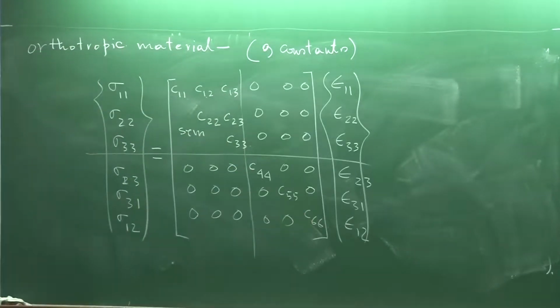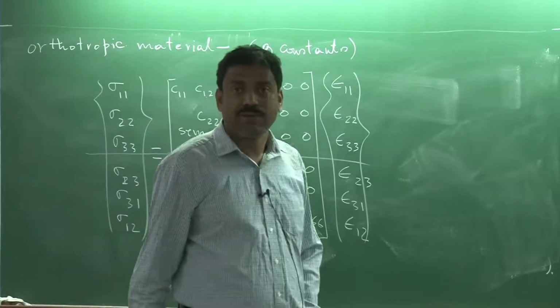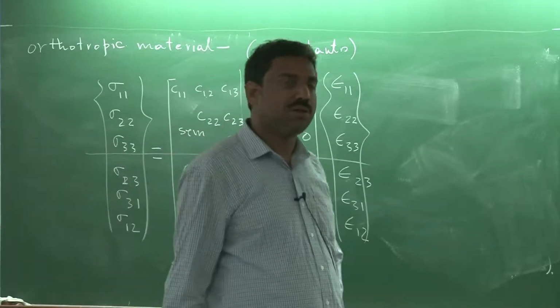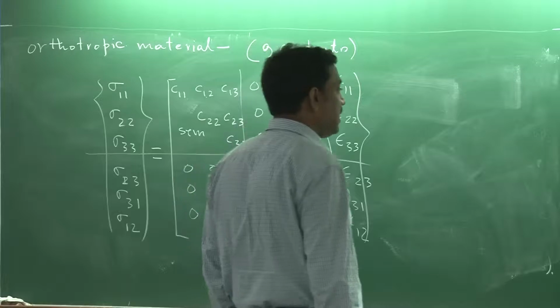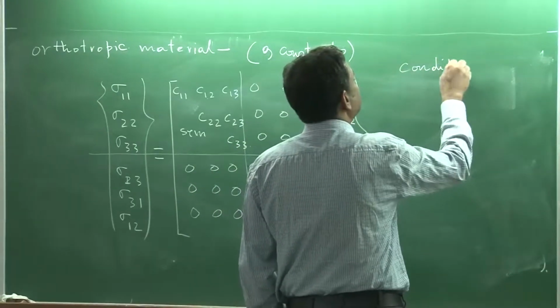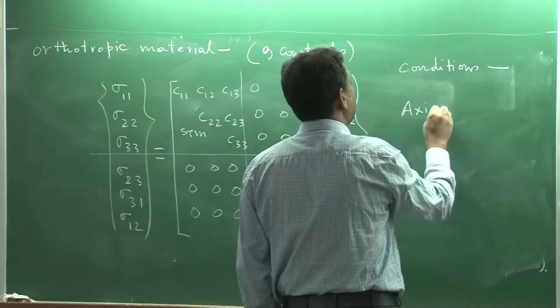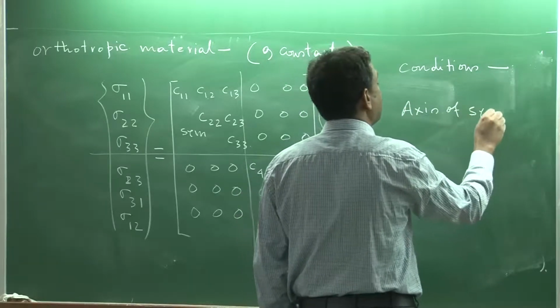for an orthotropic material. Now, we have already exploited the condition of all 3 planes of symmetry. Now, we will exploit the condition of an axis of symmetry.